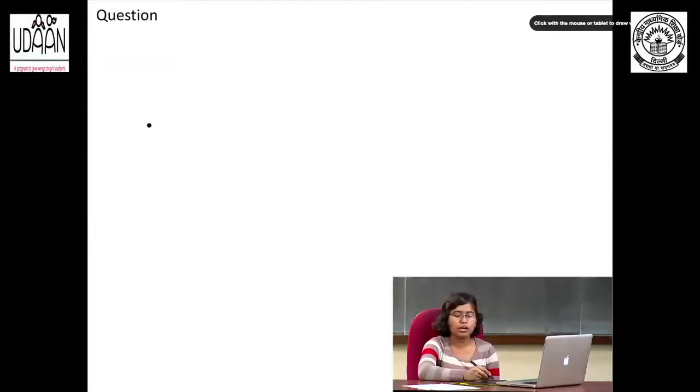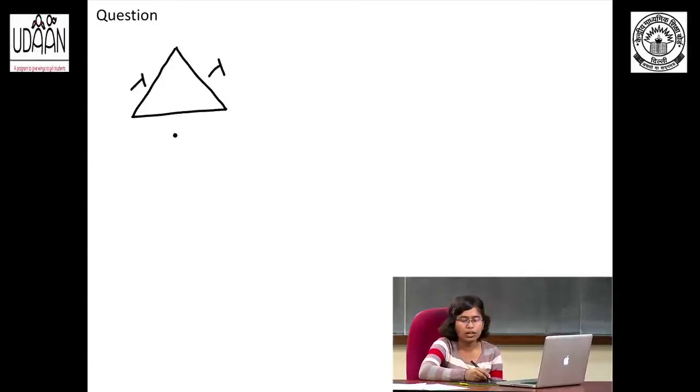Now let us do another question in which we have to find out the electric field at the center. Suppose we have a triangle made up of 3 wires, lambda, lambda and minus lambda, and the length of each side is equal to a. We have to find the electric field at the center.